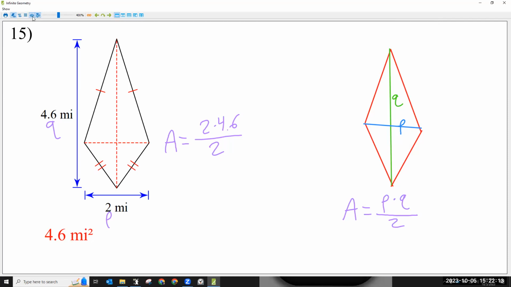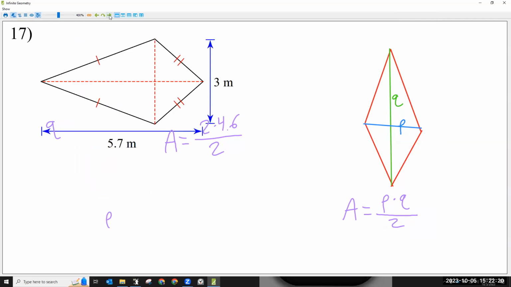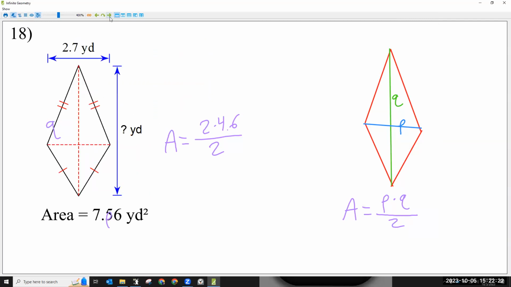We are actually going to use this exact same formula for all the rest of the problems. Let's see, where does it switch up? So right here, it changes it a little bit. Again, they give you the area. So we're going to say, okay, 7.56 equals 2.7 times x divided by 2.